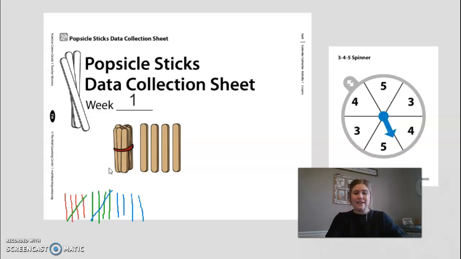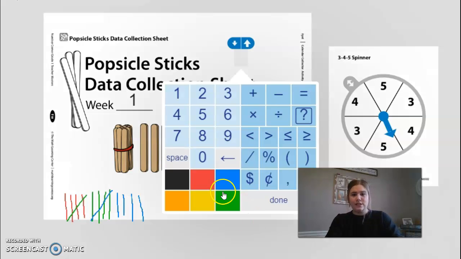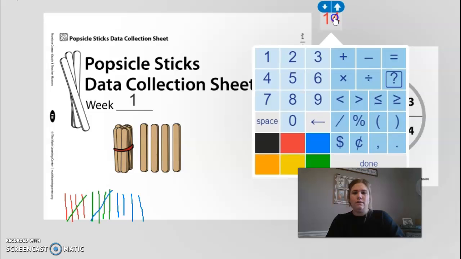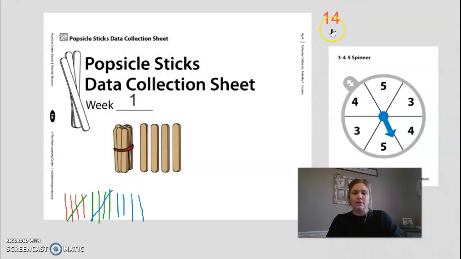We have 14 for week 1. So let's go ahead and write 14. We'll do it in red today. 14 for week 1. I'm going to leave it right up there so that we know it's week 1. We'll put our 1 up there too. So week 1, 14. Perfect.